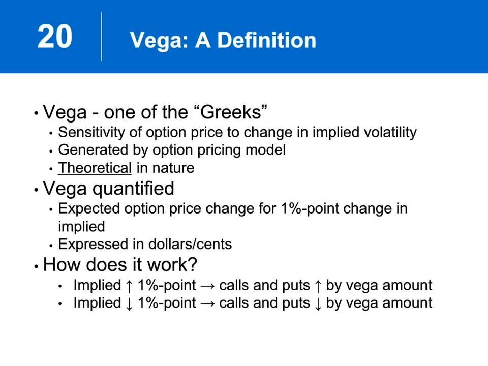Vega is, as I said earlier, really my favorite Greek without question, because to me it is the key driver for option pricing. And when we talk option pricing, to me there are just two simple components. You've got the possibility of intrinsic value, which is the in-the-money amount, but all options, unless they're valued at 0, have time value.